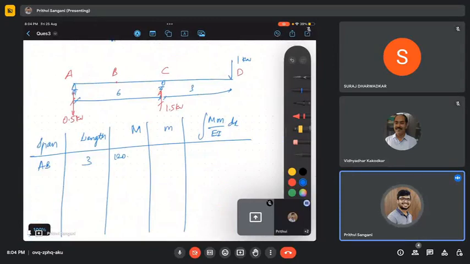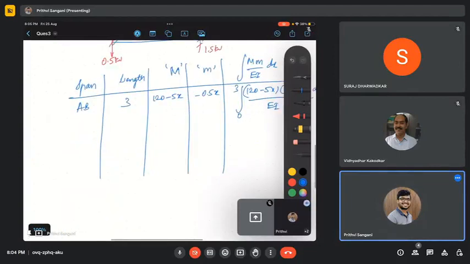What about small m? This is 0.5, hogging, right? So minus 0.5x. So how do we write this? It is 120 minus 5x times minus 0.5x, dx by EI, from 0 to 3.